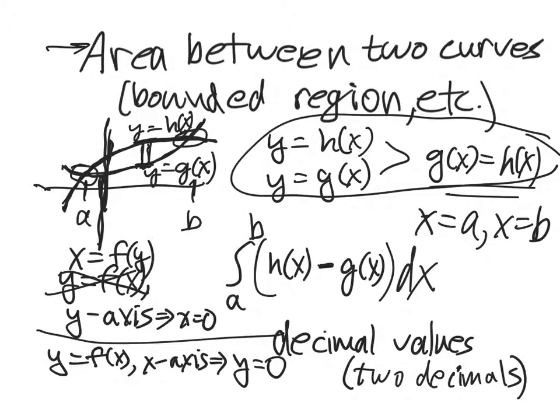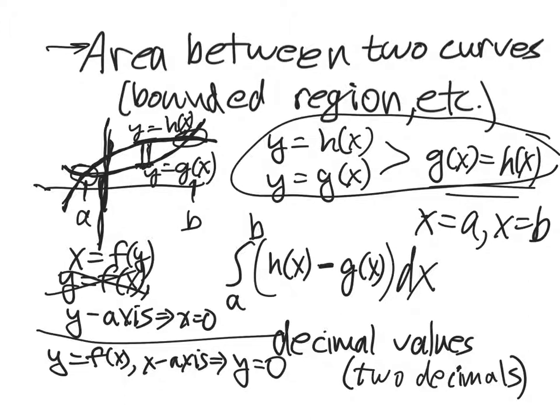Now, question about a bounded region. Some of the problems you were given like 2 or 3 equations. Even one of the probably more difficult ones was bounded below by 1 equation and bounded above by 2 equations.